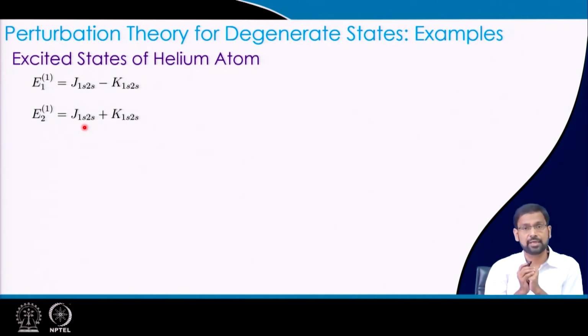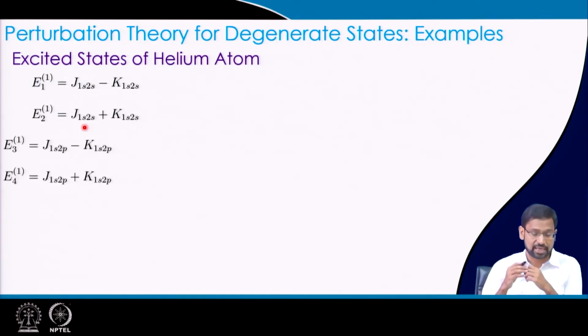These energies I obtained when I considered the first 2 by 2 block of my 8 by 8 determinant. Now, if I do the same for the third and fourth, the second block, that means psi 3 psi 4 combination, in that case also I am not doing that explicitly, you can check for yourself, but overall matrix formulation would be same.